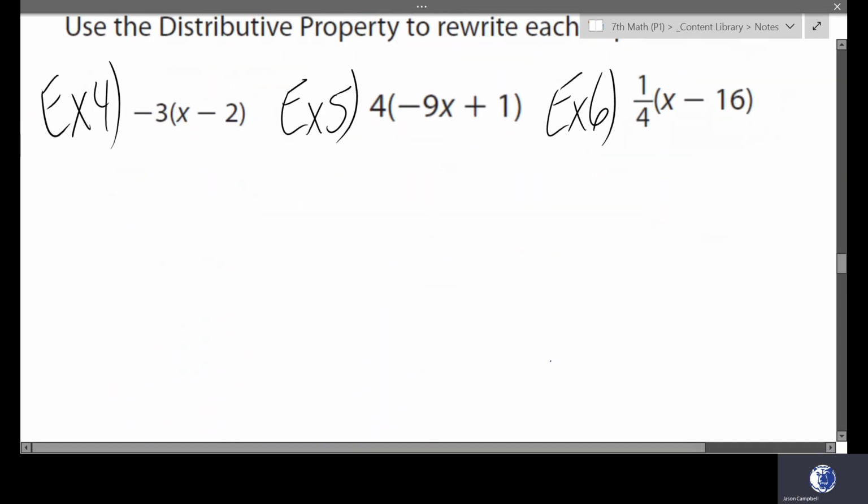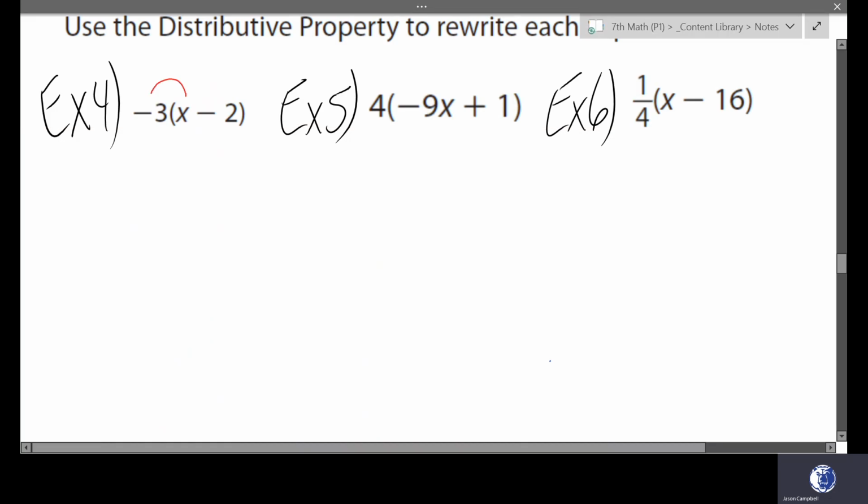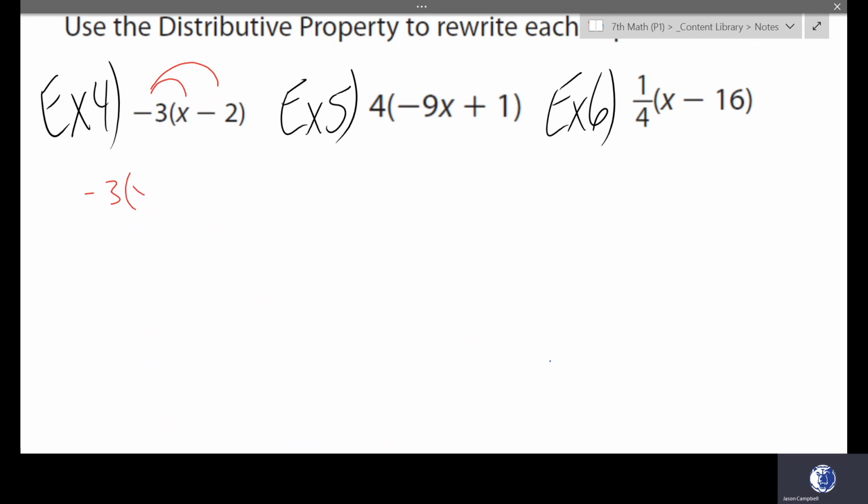In example 4, we have negative 3 multiplied by x subtract 2. That's going to become negative 3 multiplied by x subtract negative 3 multiplied by 2.